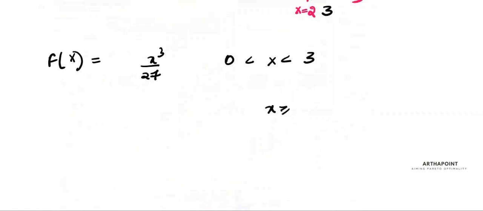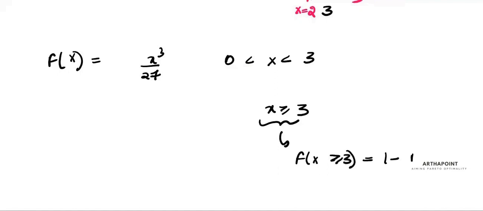And whenever x is greater than 3, the CDF for x greater than or equal to 3 is nothing but 1 minus the CDF till x less than or equal to 3. And the CDF till x less than or equal to 3 is already 1. So this is simply going to be 0.